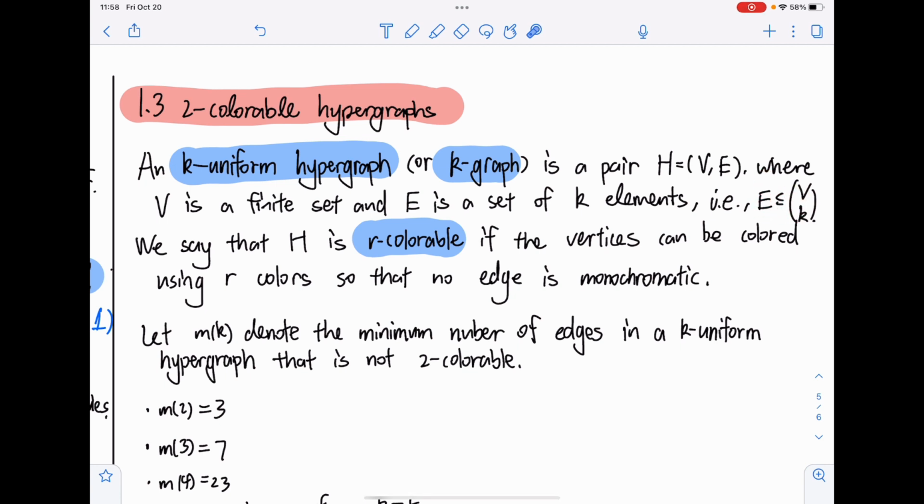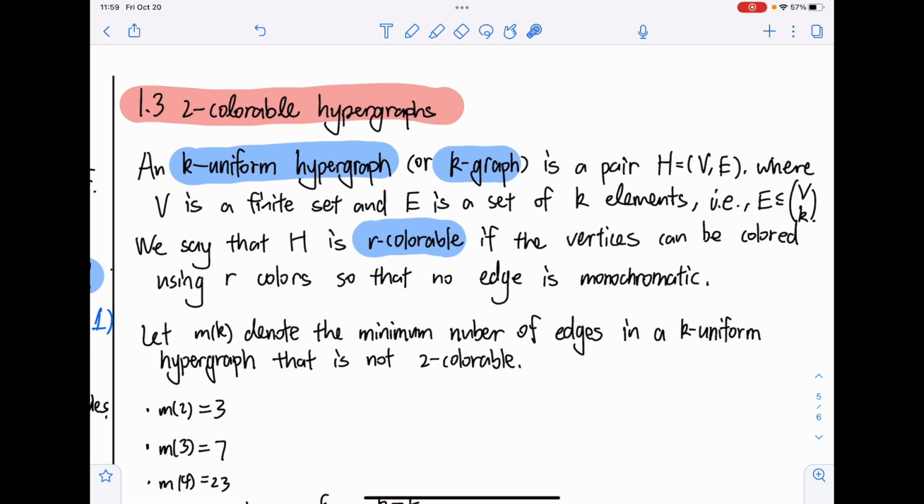The set of edges is a subset of V choose k. We say that a hypergraph is 2-colorable if vertices can be colored using 2 colors so that no edge is monochromatic, which means all the vertices in the edge are the same color.